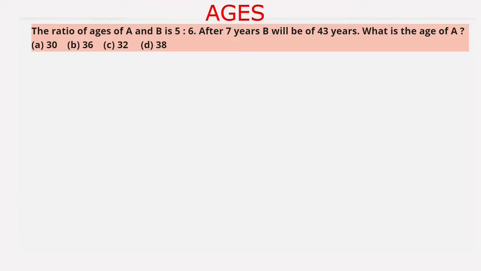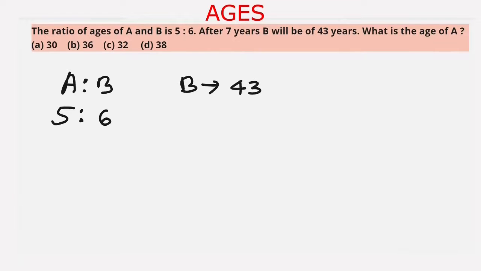Now I put all these steps for your better understanding. A ratio B is 5:6. The present age of B is 43 years minus 7 years, as 43 years is the age after 7 years.